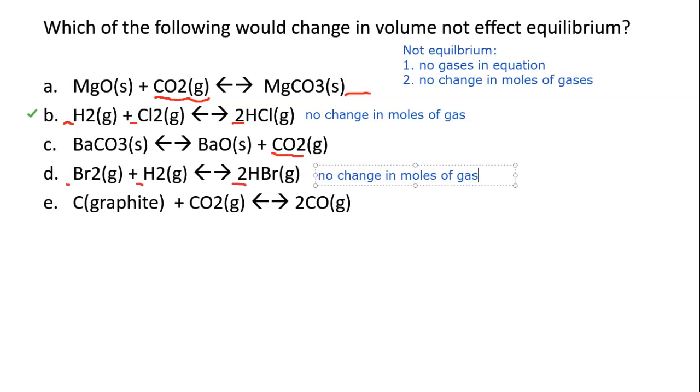So this will not be affected by volume change. And then lastly, in E, 1 mole of gas on the reactant side, 2 moles of gas on the product side. So the correct answers are B and D. They will not be affected by volume. Equilibrium will not be affected by the volume change in those two equations.